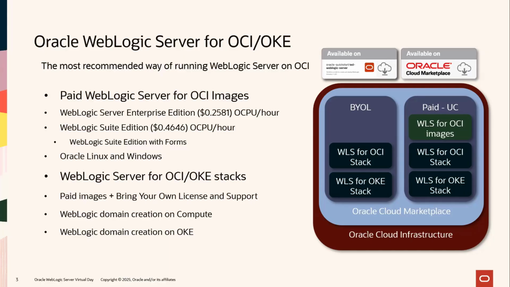So you have the two different offerings. Now, the ones that are called WebLogic Server for OCI, WLS for OCI stacks, these are actually creating the WebLogic domains on compute instances. So if you select 2 or 3 servers to be running on your WebLogic domain, you will have the same number of compute instances running as part of this domain.